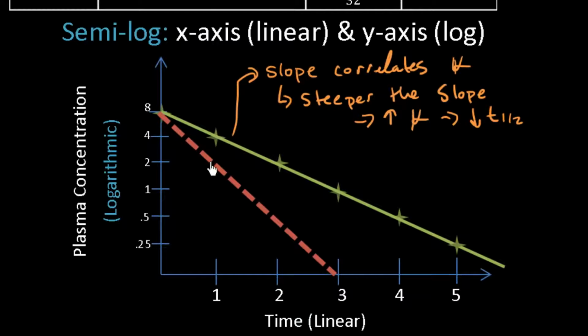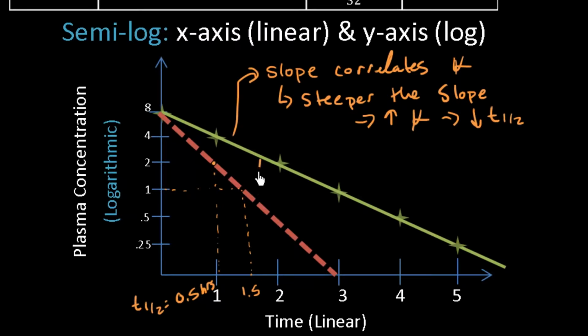So let's just say here at this value of 2 for the plasma concentration, 2 milligrams per liter, I was at 1 hour, and half of that would be when I'm at 1, and that looks like I'm at about 1.5 hours. So the time it takes to go from an initial concentration to 1/2 your initial concentration is the half-life. So the T1/2 here is equal to 0.5 hours.